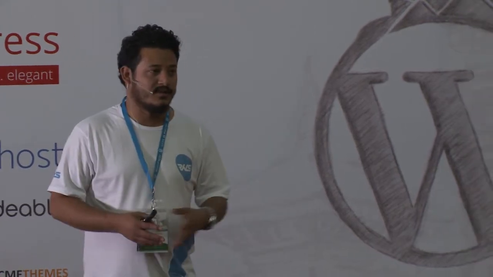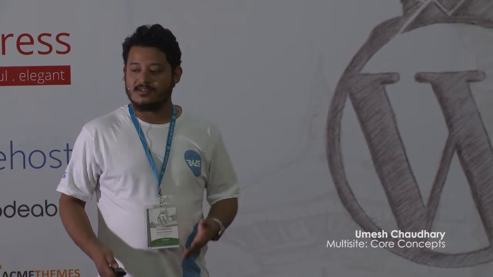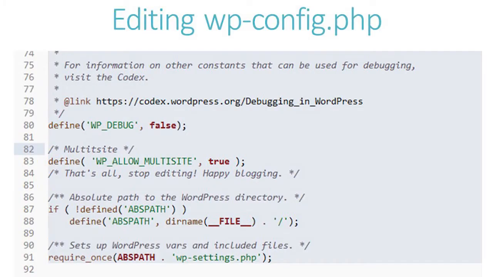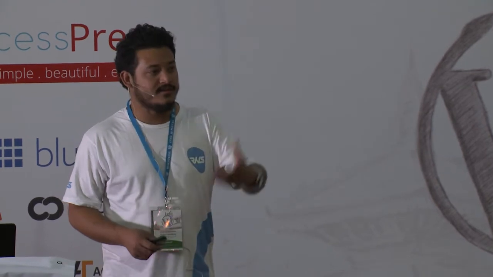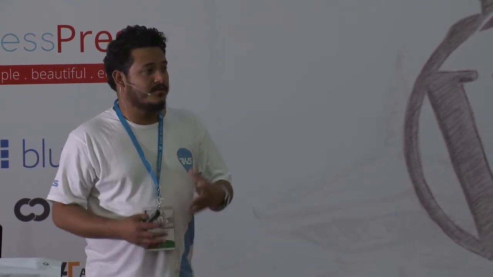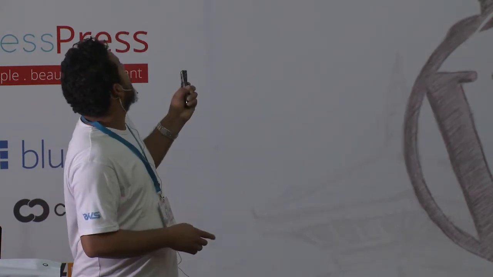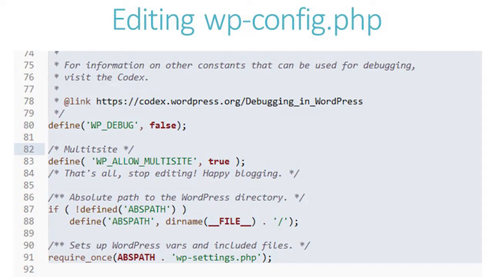After the famous 5-minute installation, you go to your wp-config file and make changes. Add a single line, define WP_ALLOW_MULTISITE true. When you add this line, you have the WordPress multisite files on your WordPress, but you have to enable it. Adding this line will enable multisite on your network.